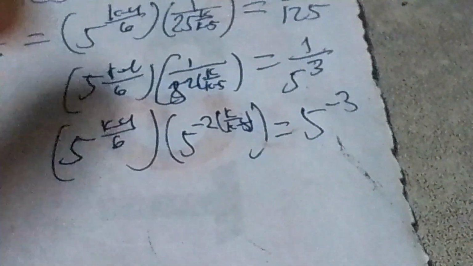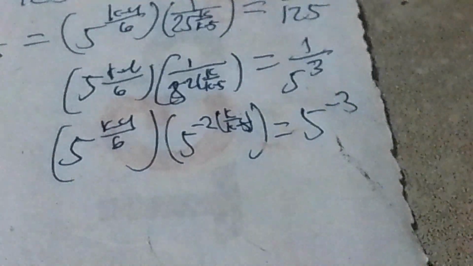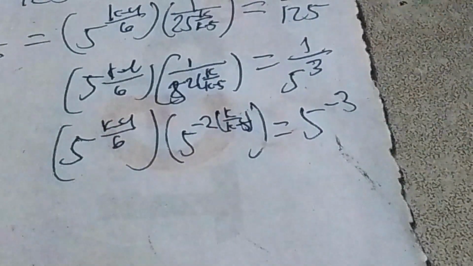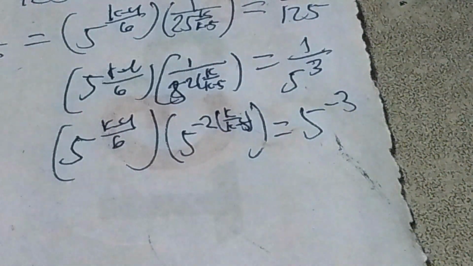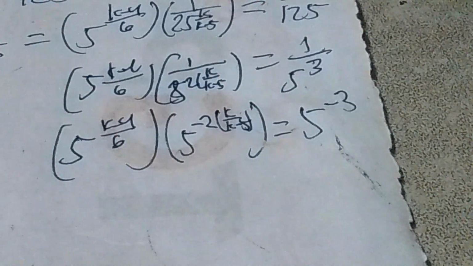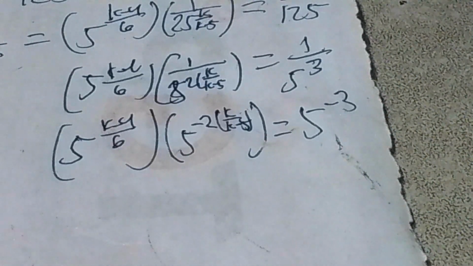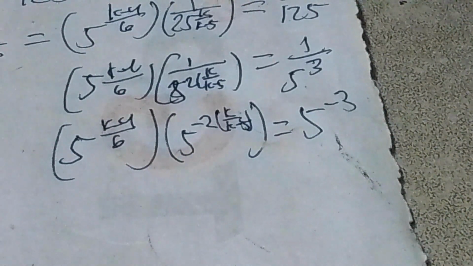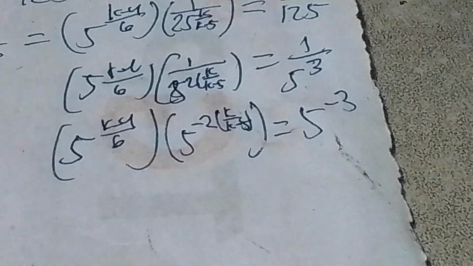Can you see what I did? Let's double check. On the numerator, on the first one, we have k minus 4 divided by 6. On the second one, we have a negative exponent: 5 squared is 25, and because we bring it to the numerator, it becomes negative 2. And on the right side, it becomes negative 3.